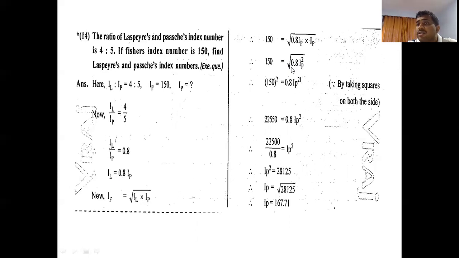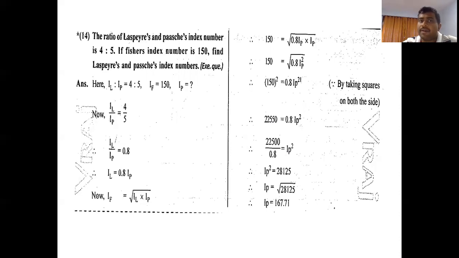So by removing the square root from this side, we get the square of this. So square gets cancelled. So 150 into 150, we get this figure, divided by 0.8, we get this IP square. So by taking the root of the answer, we get 281.25. By root, we get the final answer 167.67.